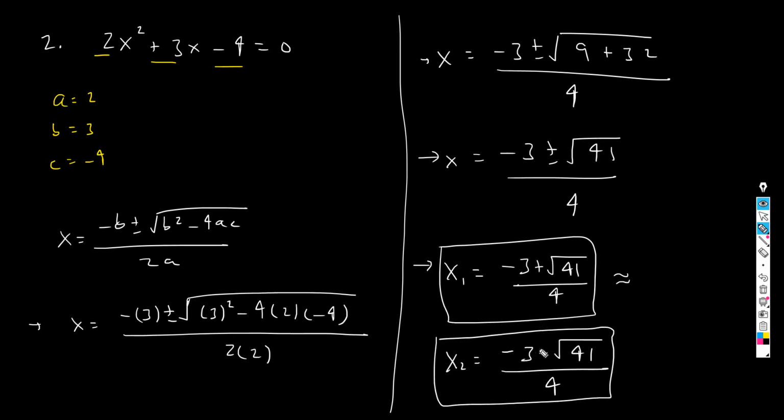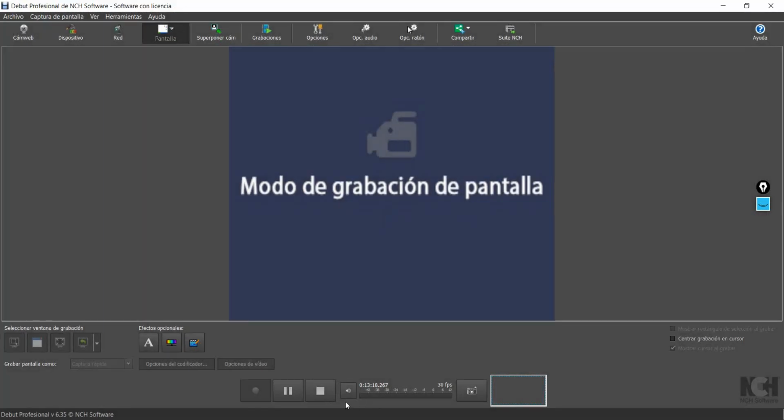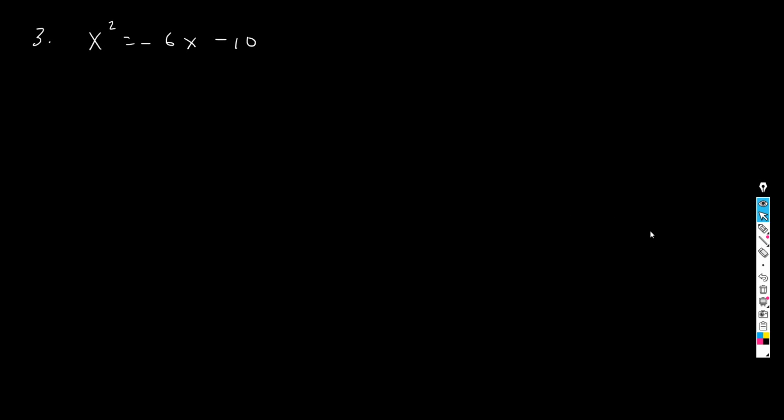Let's see a final example. Okay, in this last one, guys, we have this equation. Again, let's put it quickly in standard form. There you have it. Identify the coefficients.